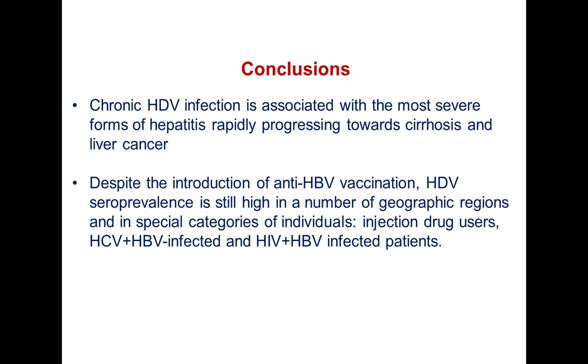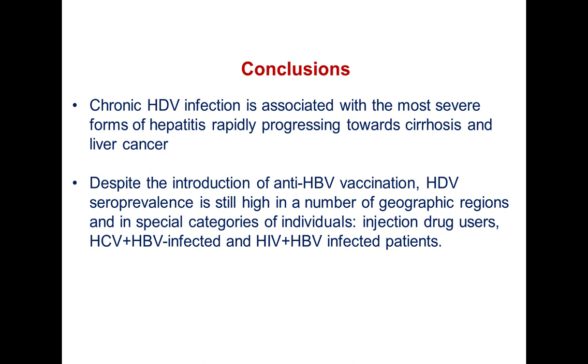So, in conclusion, chronic HDV infection plays a crucial pathogenetic role and is associated with a rapid progression towards cirrhosis, decompensated cirrhosis, and liver cancer.